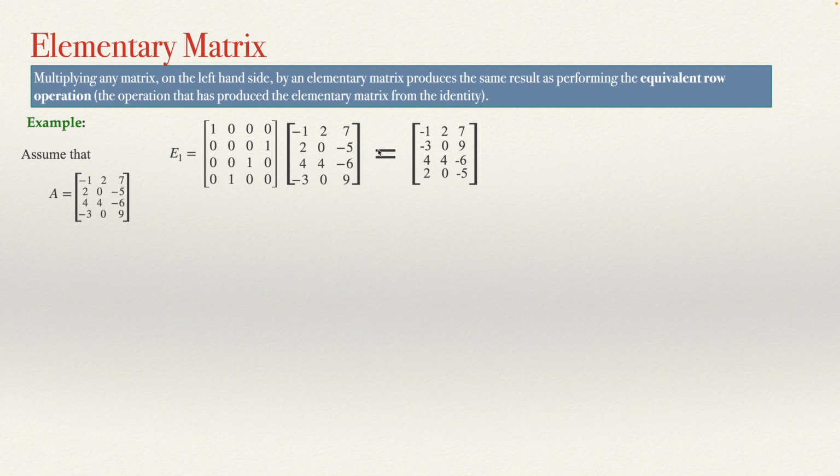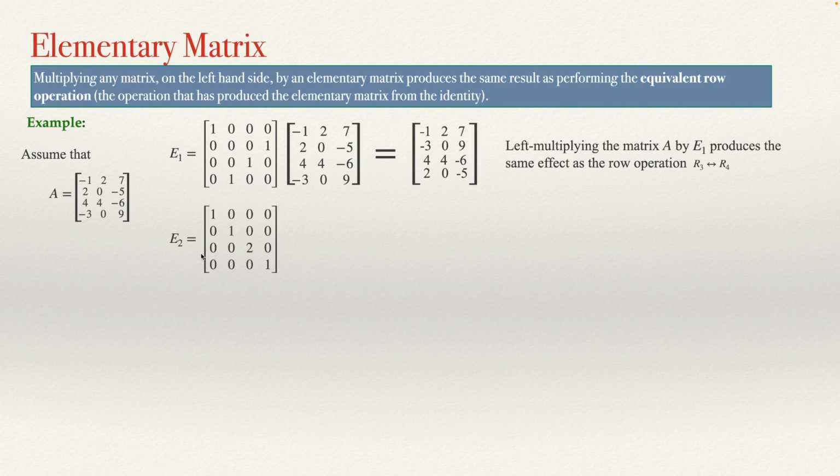The operation that we made in the elementary matrix will be the same operation that we do with this multiplication in the matrix. So that means multiplying on the left-hand side by an elementary matrix produces the same result as performing the equivalent row operation. Multiplying the matrix A by E1 produces the same effect as the row operation. Multiplying by an elementary matrix actually makes a row operation.